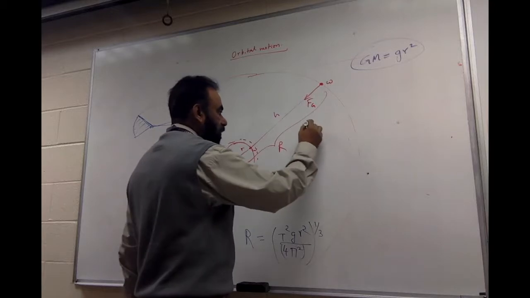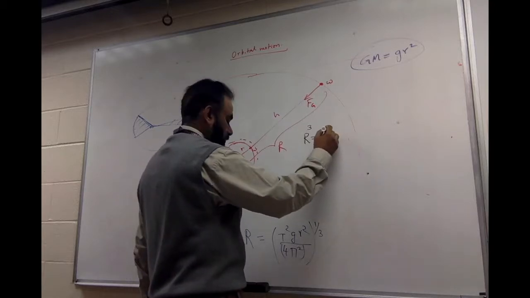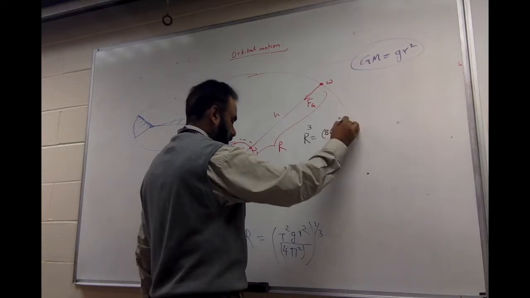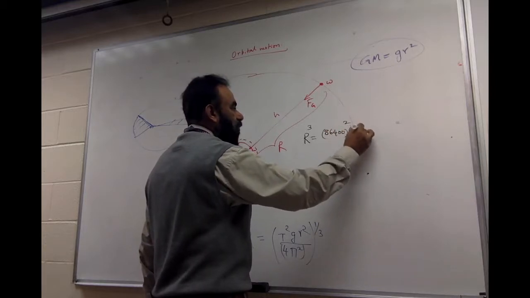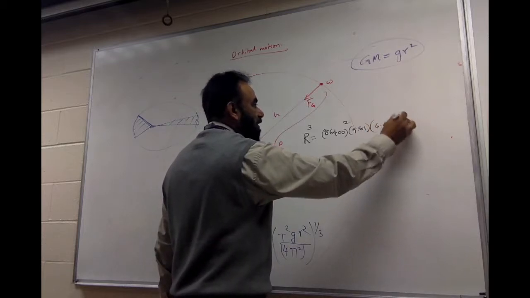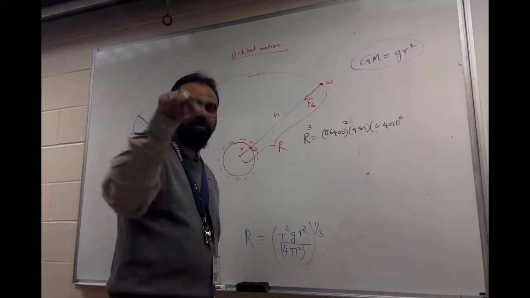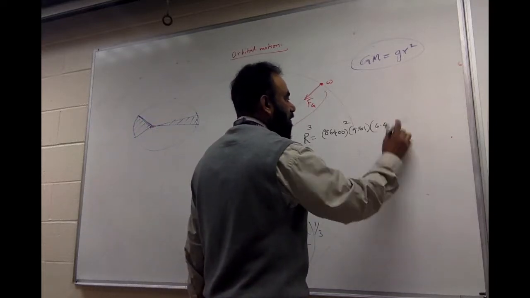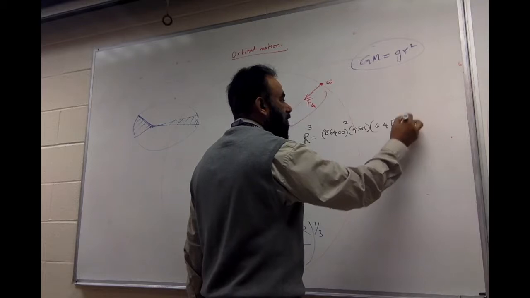R cubed is equal to 86,400 squared times 9.81 times 6.4 times 10 to the power of 6. Instead of times 10 to the power of 6, use the E operation, like this: 6.4 E6 squared.